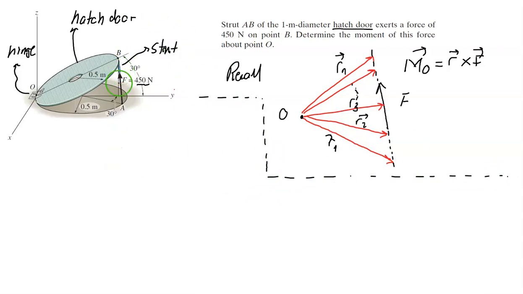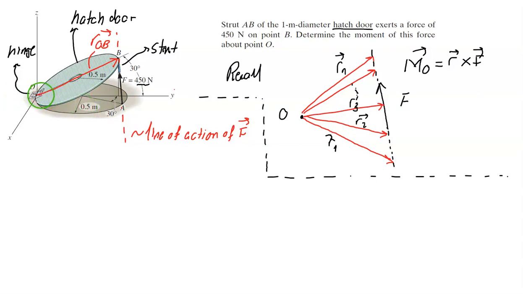Okay, so on the problem drawing, we can see that for R we can use the vector OB, and this would be the R_OB vector. That can be used because this is on the line of action of our force vector. So that's the line of action of the F vector.